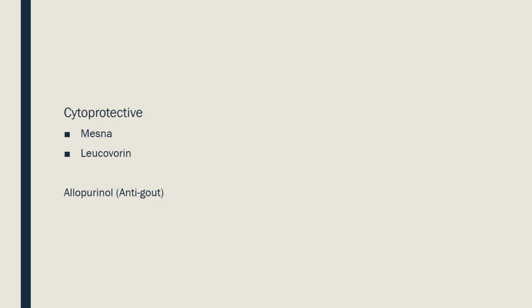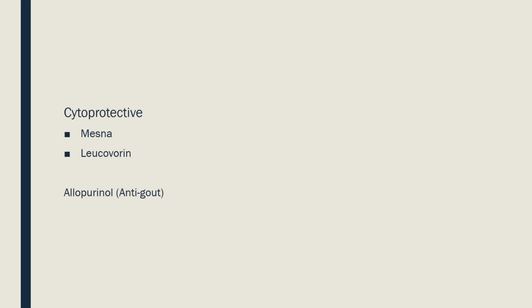And then we have our allopurinol, the anti-gout medicine. The reason why that's listed here is because one of the serious side effects is the tumor lysis syndrome that you need to be sure to read about. We don't talk too much about it here, but you need to read about it because that's why this drug is there.